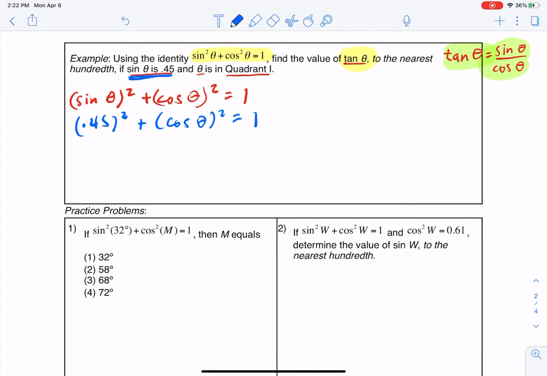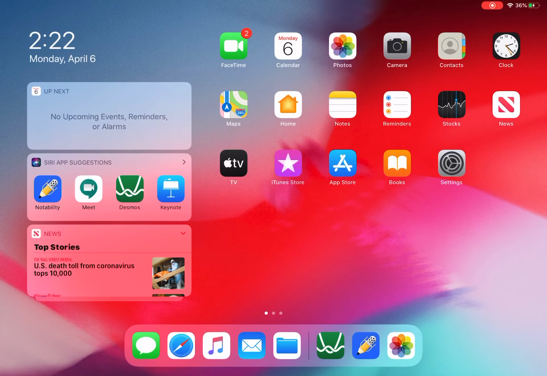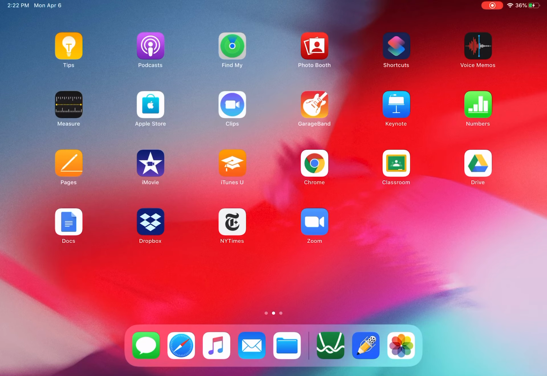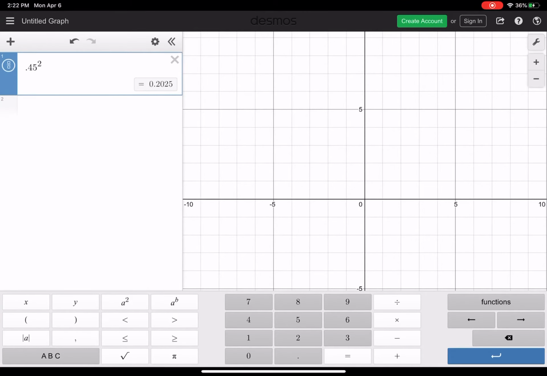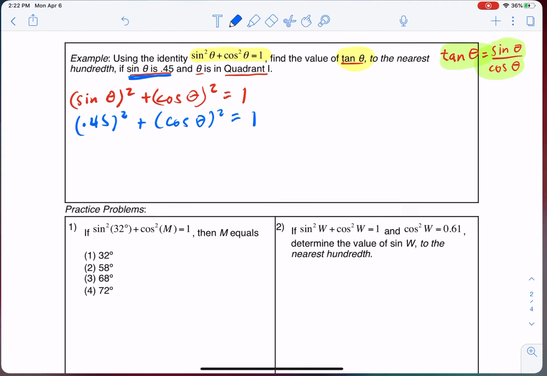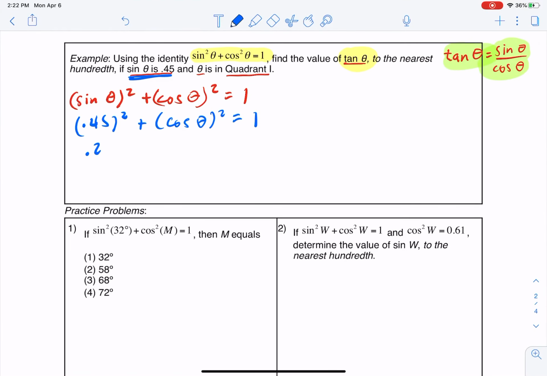Now I'm going to turn to my calculator to see what 0.45 squared is. All right, it's 0.2025. Plus cosine of theta squared equals 1.